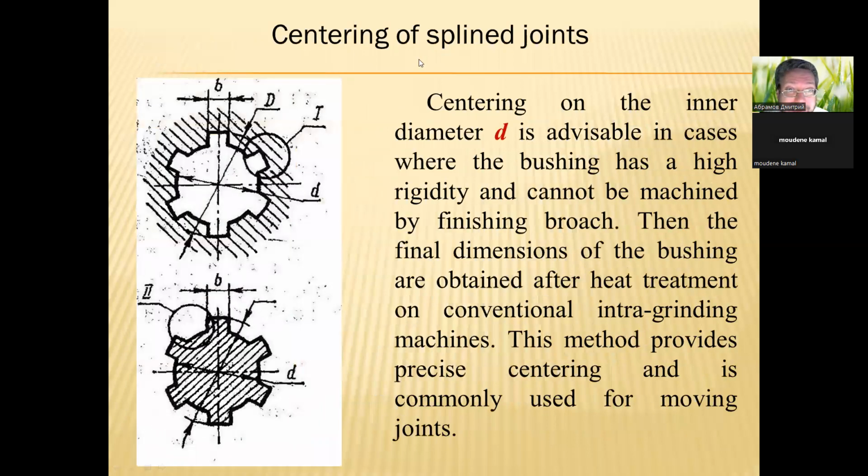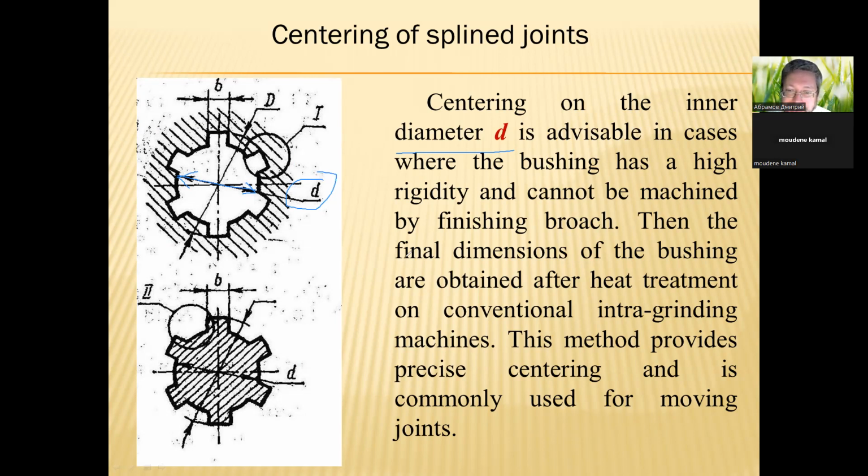Next type of centering of splined joints. Centering on the inner diameter, small d, inner diameter of the spline, is advisable in cases where the bushing has a high rigidity and cannot be machined by finishing broach.